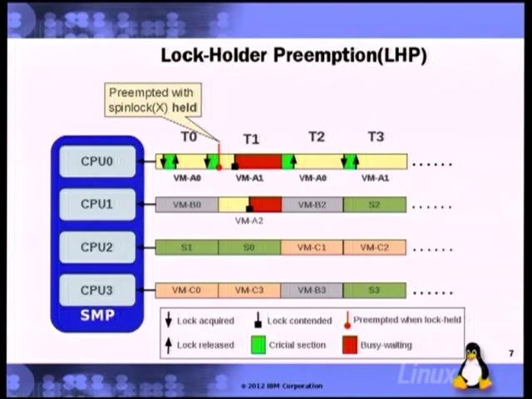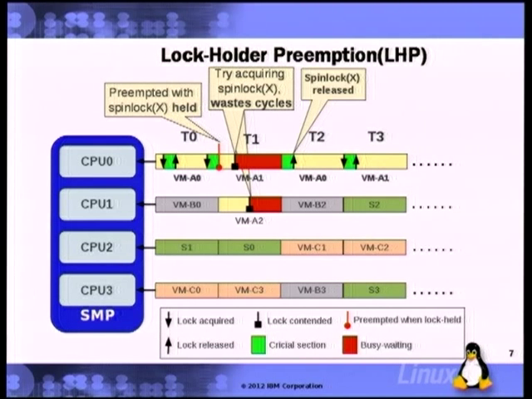After that, all the vCPUs which would like to take the same lock, like VM A1 and A2, would basically spin all the while, unaware of the fact that the scheduler has preempted the virtual CPU V1 of A. It is only at T2, when the spin lock is released, that other vCPUs of the same VM could take that lock.